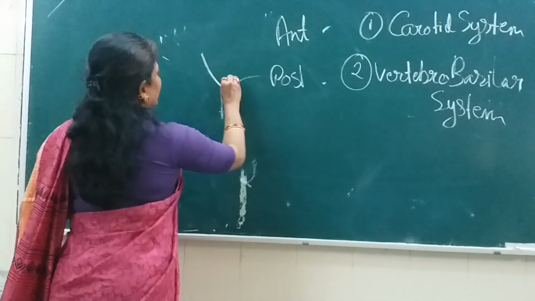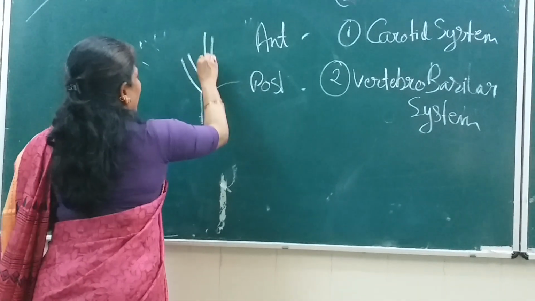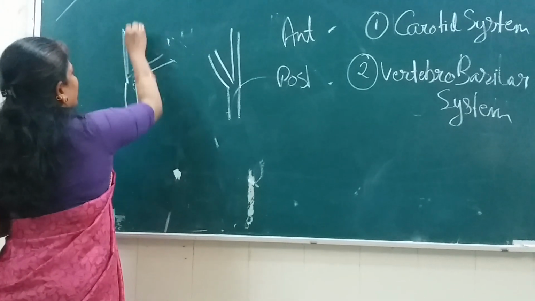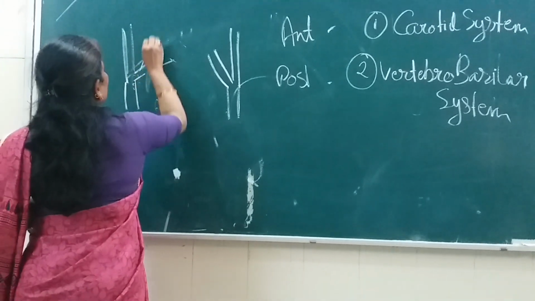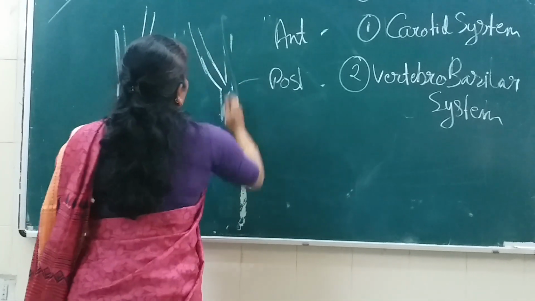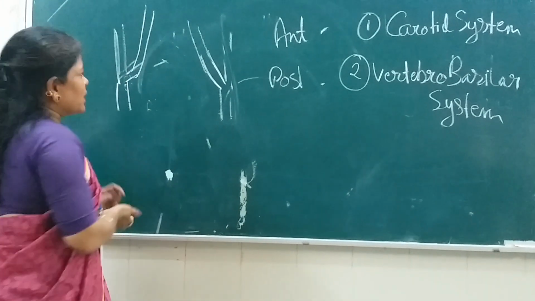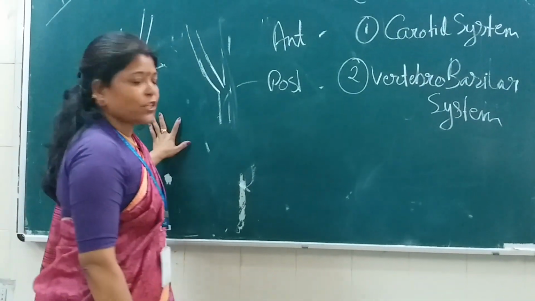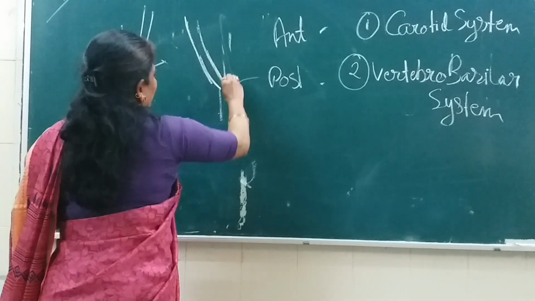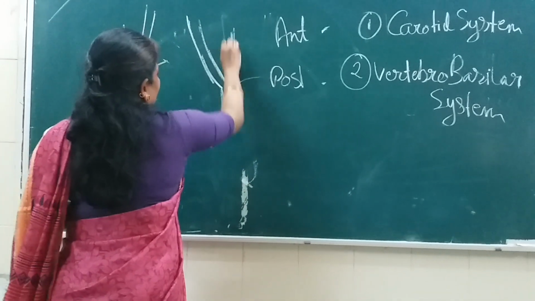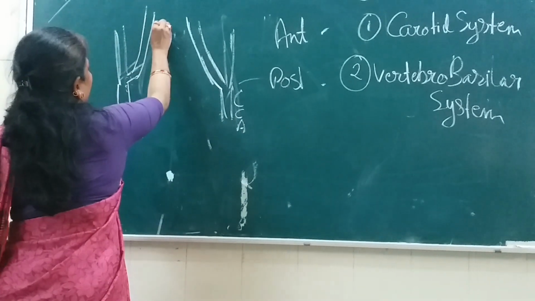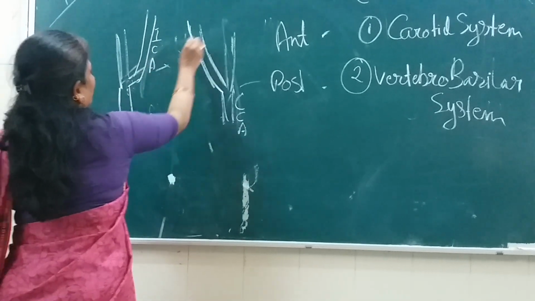A pair of arteries, the internal carotid arteries, is one of the terminal branches arising from the common carotid artery, on both sides.